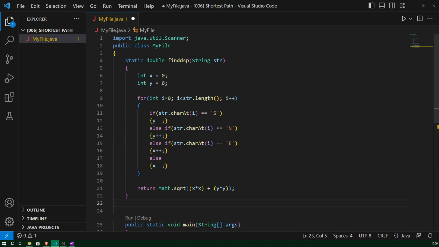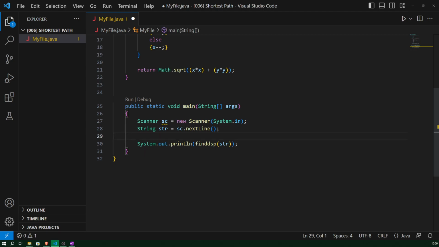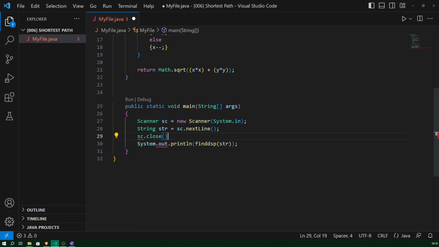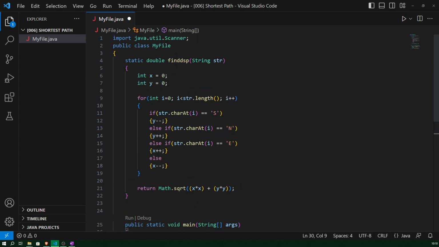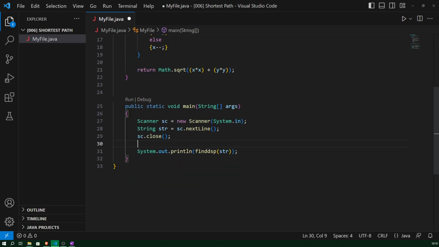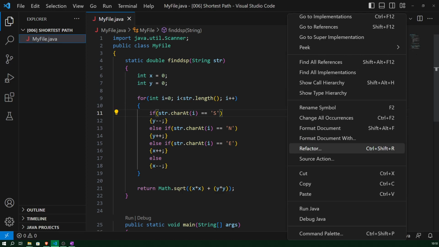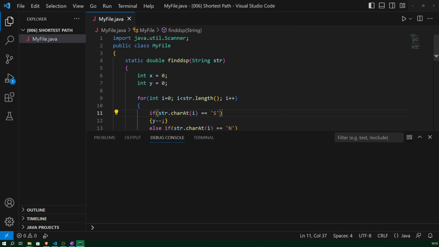But before that, let me check if there are any errors. Let's add sc dot close to remove this warning, and hope the rest is quite clear. Okay, cool.